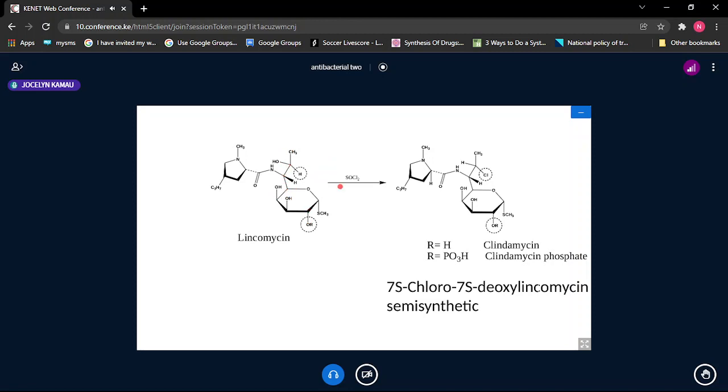In place of the other sugars, which we know usually go up to position number 6, this sugar has 8 carbons when you start from position 1, 2, 3, 4, 5, then position 6, position 7, and position 8. So that also makes this sugar a bit different from the other sugars that we see in other compounds.